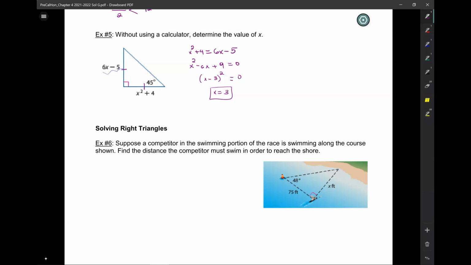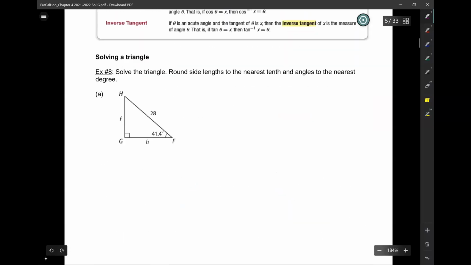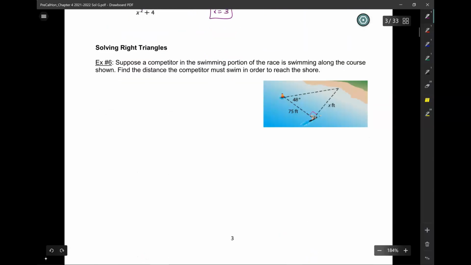Okay. Now, solving right triangles. Take a look at this problem. A competitor is swimming in the swimming portion of a race, and they are swimming along this course X. You have to find the distance that he must swim in order to reach the shore.